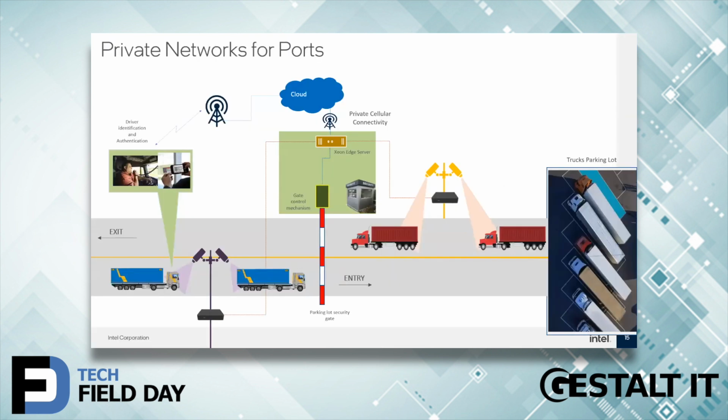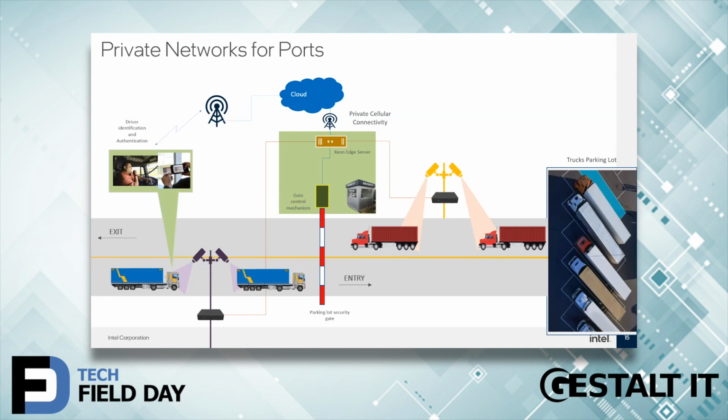So what we are working on with Keychain and Utah Inland Port, as part of phase one, is to deploy private networks and try to control the cargo movement automatically with the help of private network. Why private network?